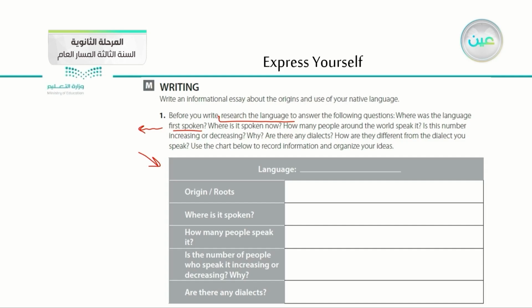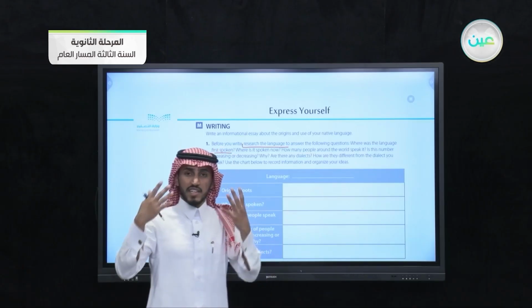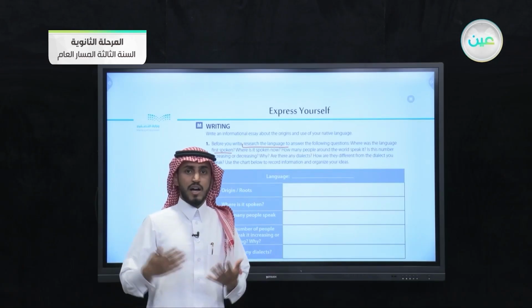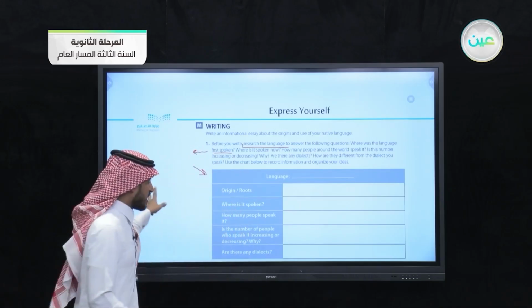Are there any dialects? You can use this chart as an outlining tool that helps you outline what's in your mind. After you finish, the ideas will be clearer for you and you can start writing your essay on this page.